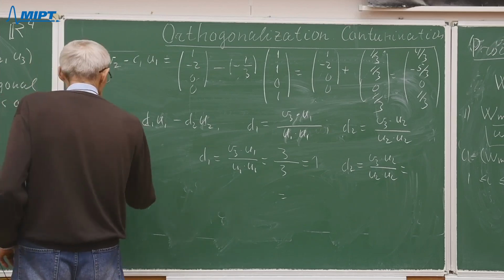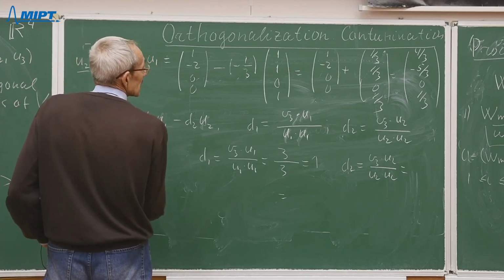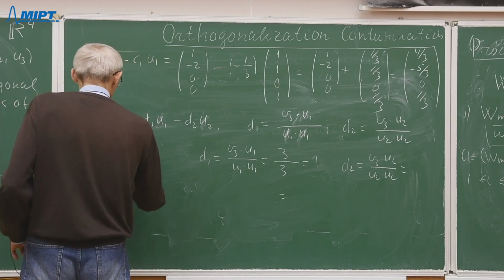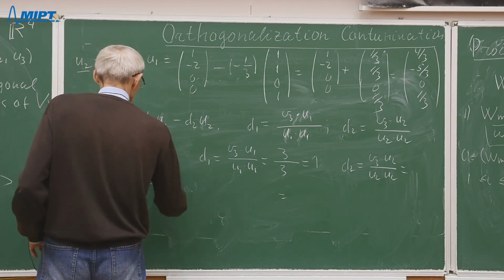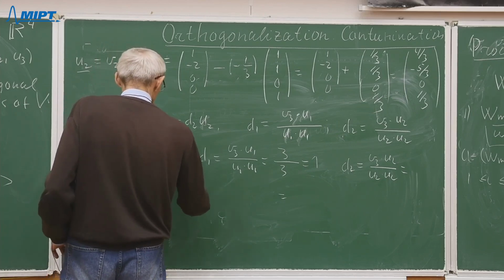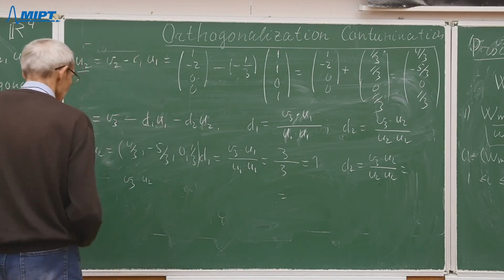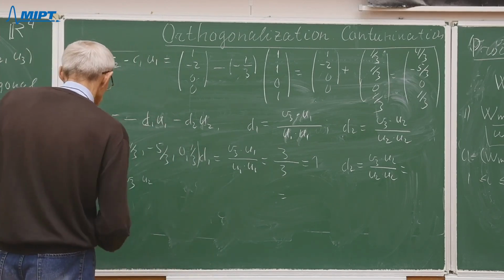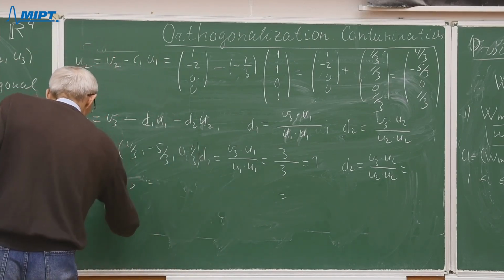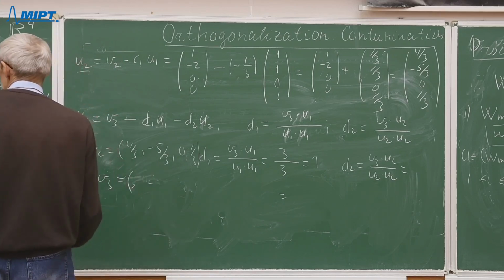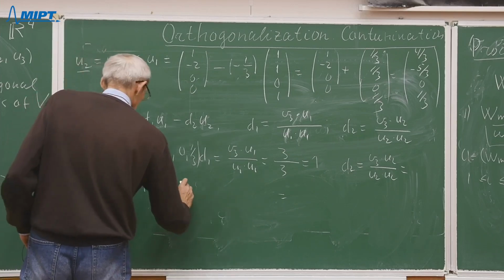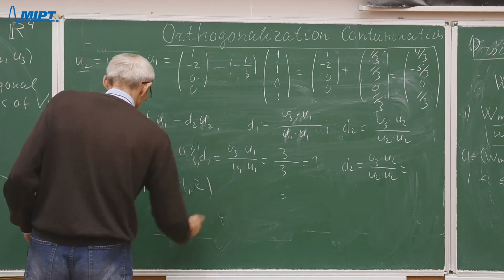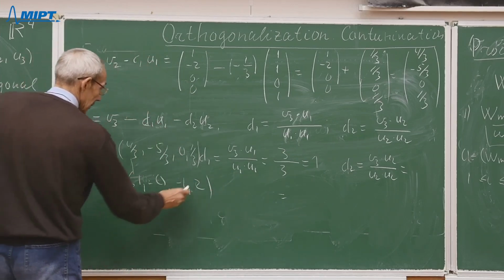The coordinates of u2 are 4 over 3, minus 5 over 3, 0, 1 over 3, and v3 has the coordinates 1, 0, minus 1, 2.